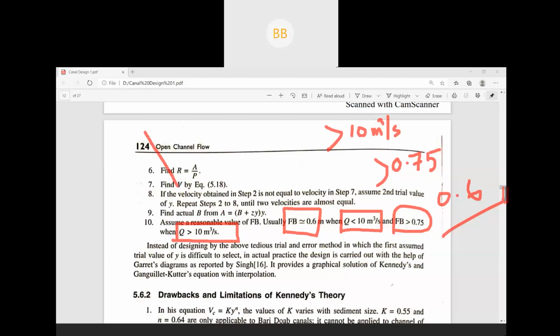First, if you determine the shape of the channel is trapezoidal, then first we need the bed slope. Bed slope is coming from the topography of the land. Second is what will be the width of the channel. Next, if it is trapezoidal, what will be the side slope?